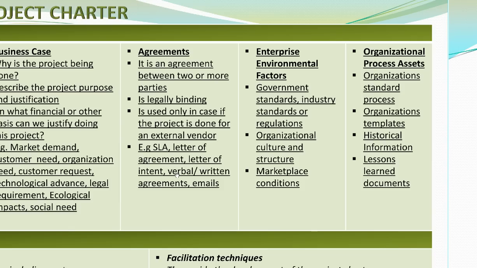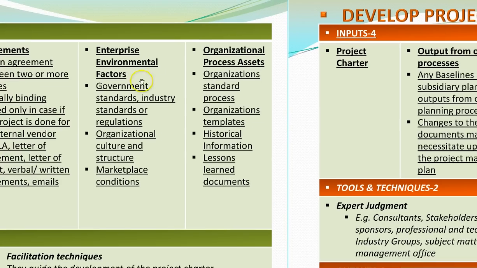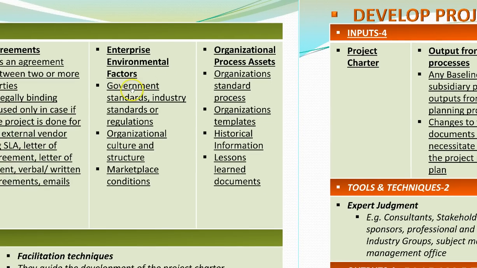Why? Because it's legally binding, and if the party takes you to court, then you have something written. When it is verbal, then it is always tough to fight in court. Now let's go to input number 4 and input number 5, which are enterprise environmental factors and organizational process assets.